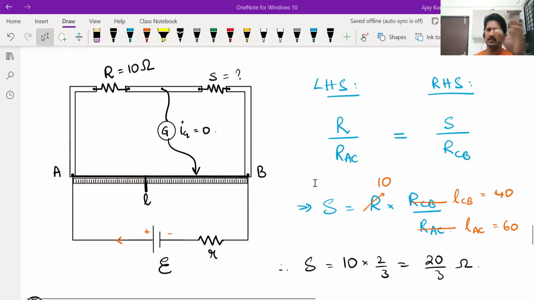Now think carefully and answer. I told you it's a scale having 1 centimeter markings. When you shift the jockey 1 centimeter by 1 centimeter, is it compulsory that at some marking the galvanometer will definitely show 0 current?